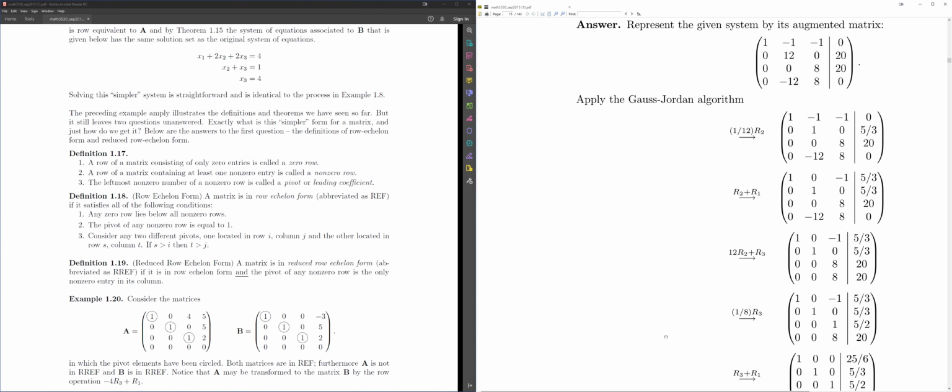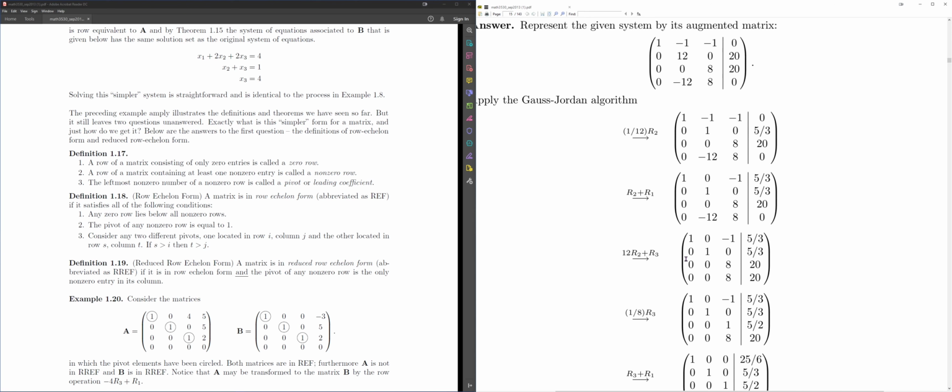For example, for this third row over here, notice your pivot here is 8.